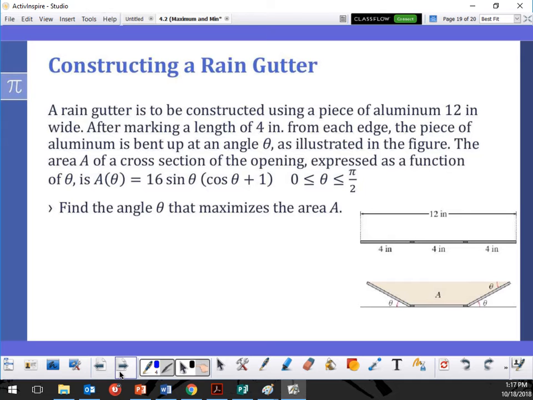Yes, we are going to have that. So we are going to have a d theta. Okay. Are we going to have a d alpha or dA? Are we maximizing the area? So are we taking the derivative of the area problem?